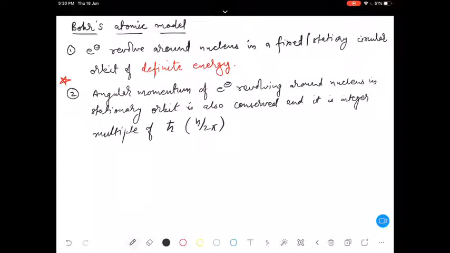Okay, so basically I'll start with momentum itself. I'll explain what it means. See, momentum is nothing but mass into velocity. Change in momentum per unit time defines the force applied by an object on another one, right? Or it is basically the force experienced by an object from another object.